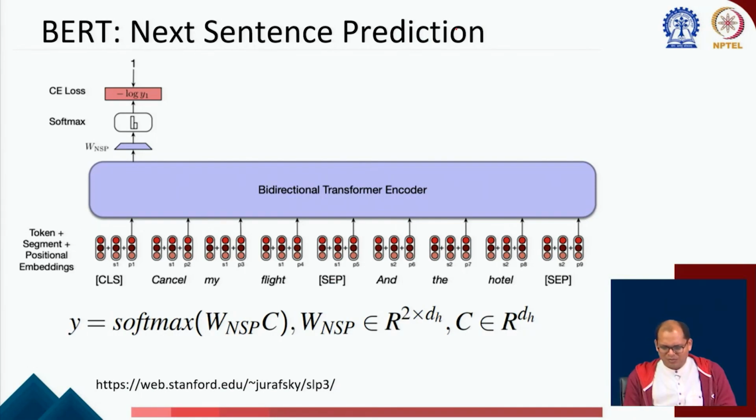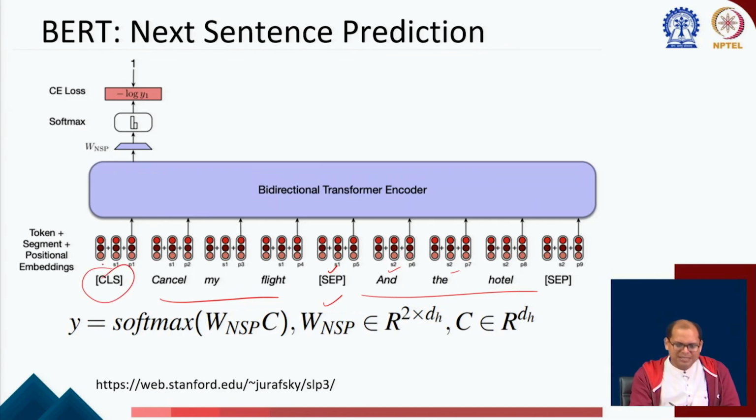So something like that. You have, for example, "cancel my flight and the hotel", you put a separator, you also have segment embeddings for S1 and S2, and you feed it through this transformer encoder, and only from the CLS you apply this WNSP, that is 2 times DH, because you have two classes, times DH, that is 768 dimensions, and you do softmax to predict and to compute your loss, whether it predicted the continuation correctly or not.